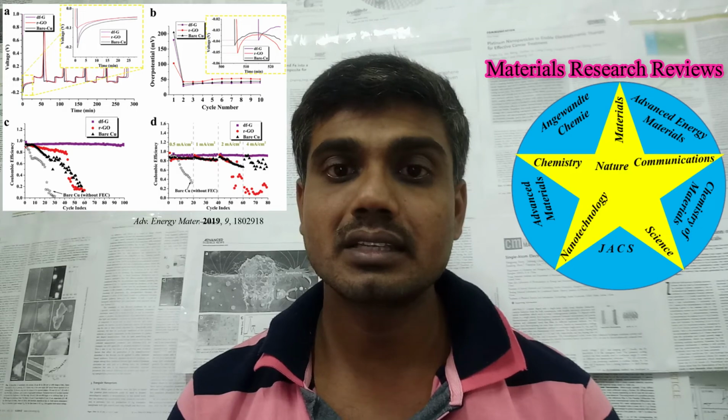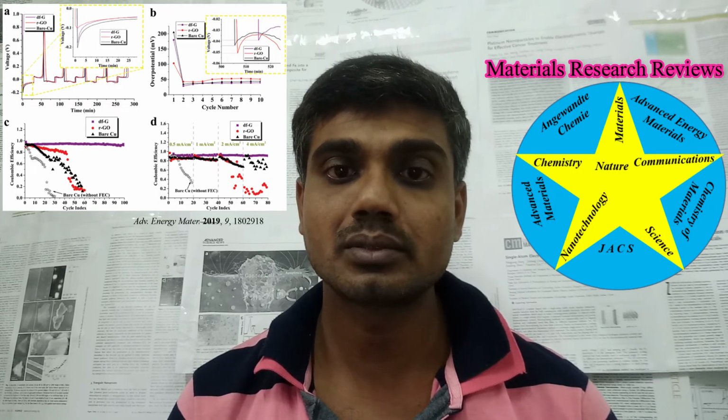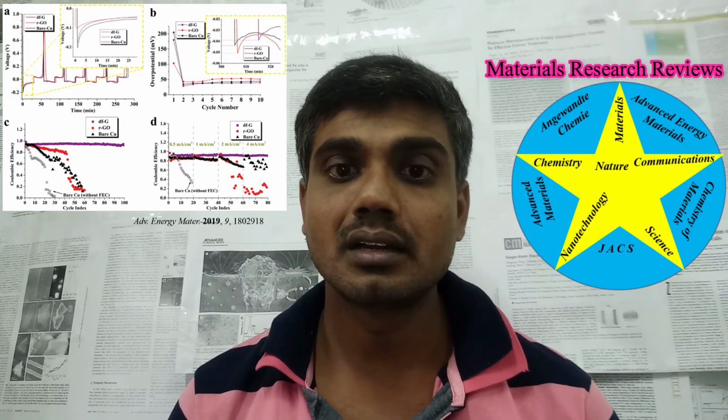After that, the plating stripping Coulombic efficiency at different currents, here you can see the comparison of the two catalysts. The defect free one is highly stable, and the Coulombic efficiency they got is also 90%.